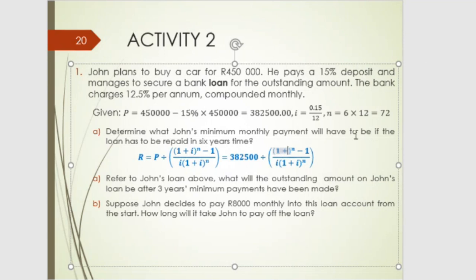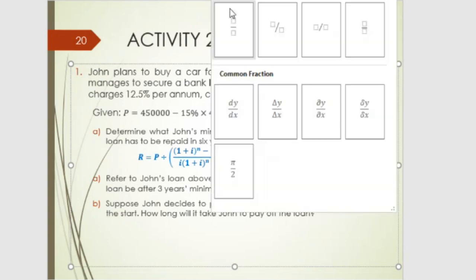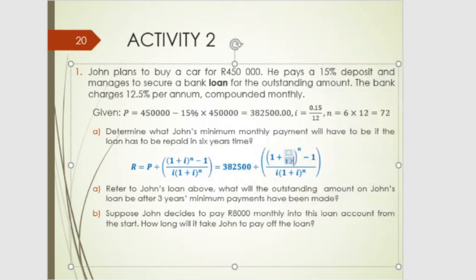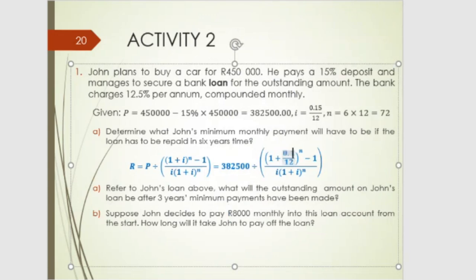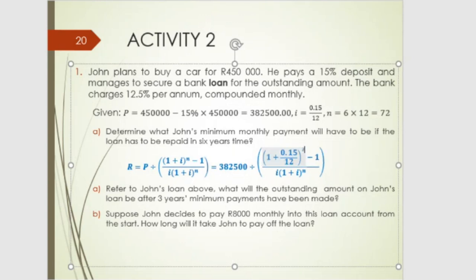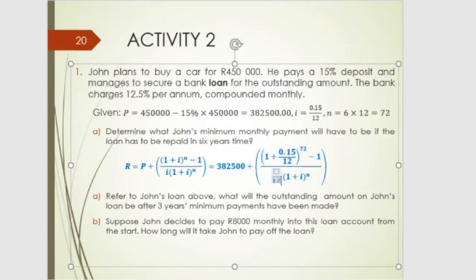Here, i is 0.15 divided by 12. N is 72. So here we divide by 12, 0.15.